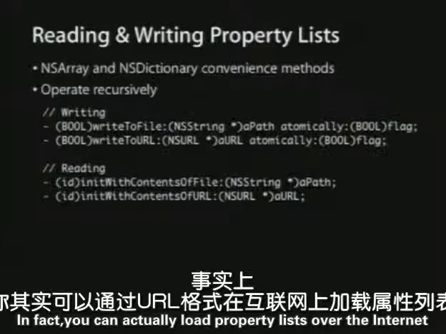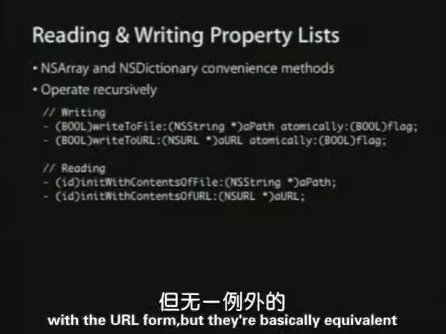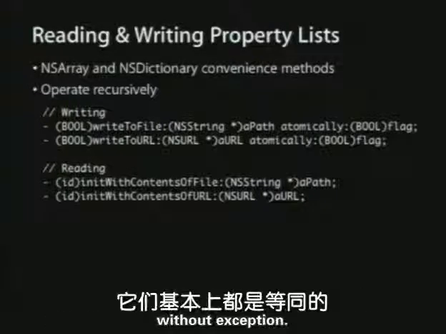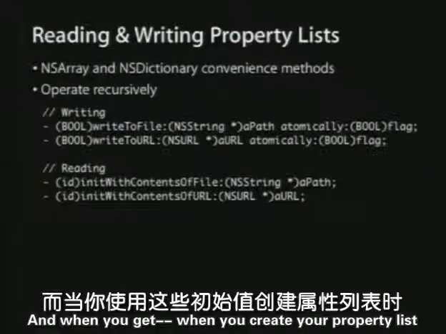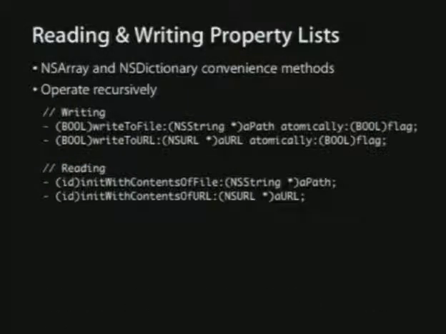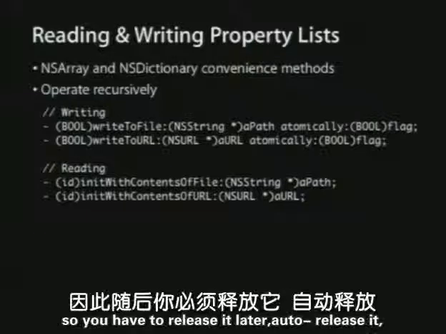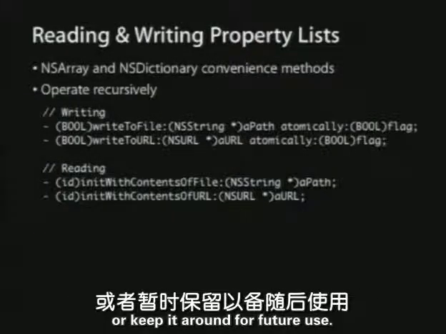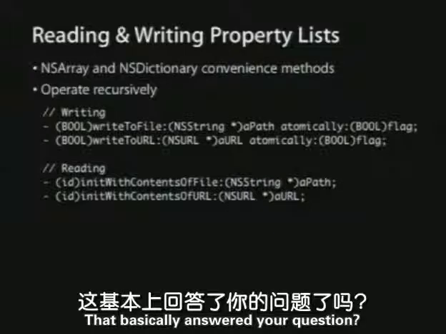In fact, you can actually load property lists over the internet with the URL form, but they're basically equivalent with that exception. And when you create your property list with these initializers, you have an object that comes with a +1 retain count, so you have to release it later, autorelease it, or keep it around for future use. Does that basically answer your question? Okay, cool.